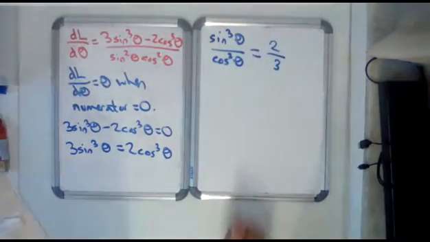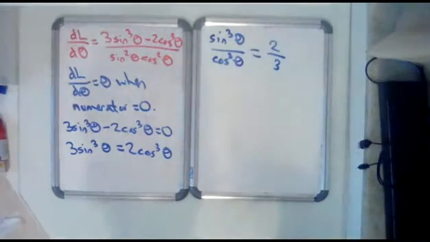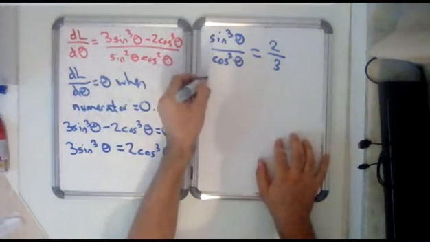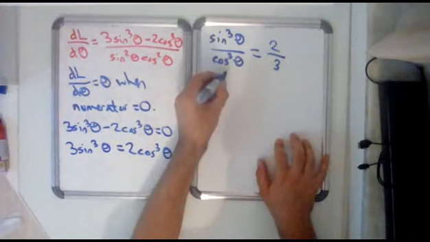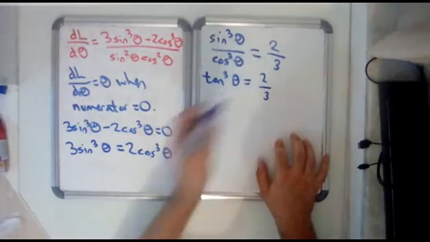So we're nearly in business. So you know sine over cos is tan, so sine cubed over cos cubed theta is tan cubed theta. So tan cubed theta equals 2 over 3.